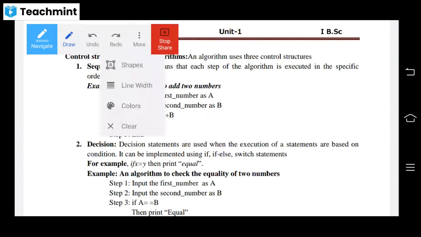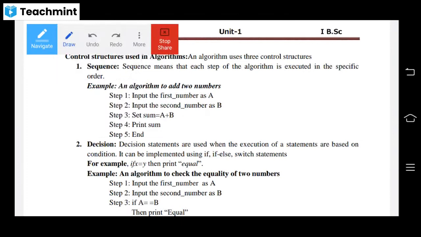Next, see here an algorithm to add two numbers. Here we have taken the algorithm for the addition of two numbers, how to present the algorithm related to adding two numbers.